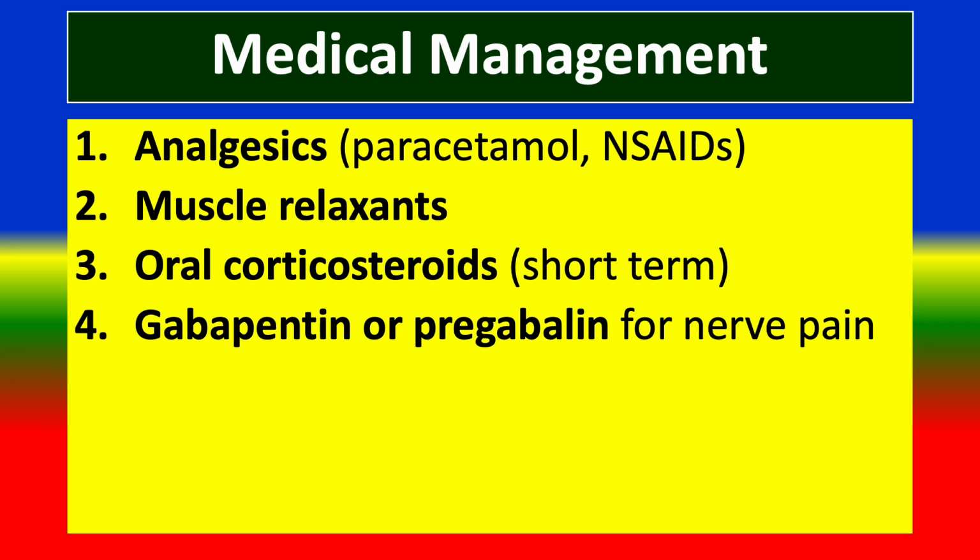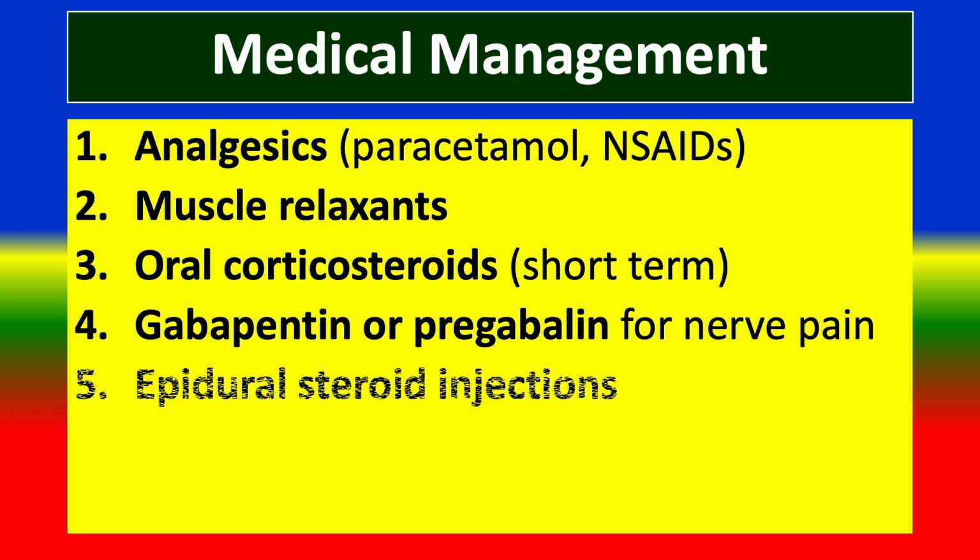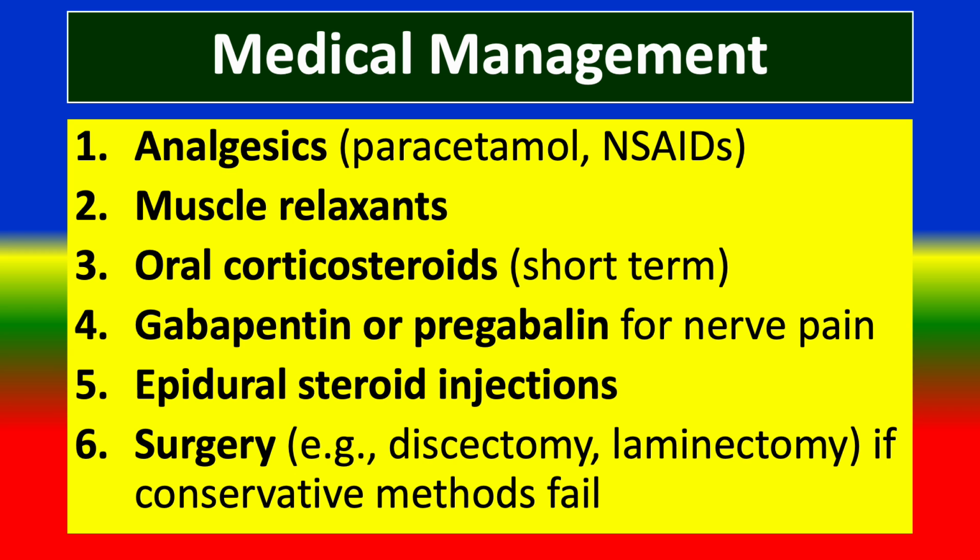Gabapentin or pregabalin for nerve pain. 5. Epidural steroid injections. 6. Surgery, for example discectomy, laminectomy if conservative methods fail.